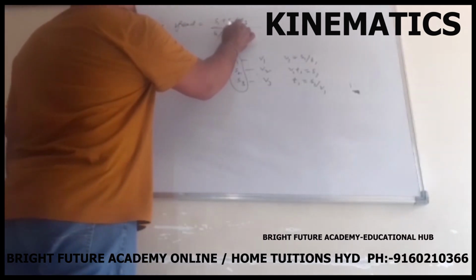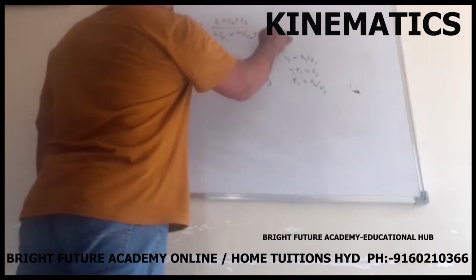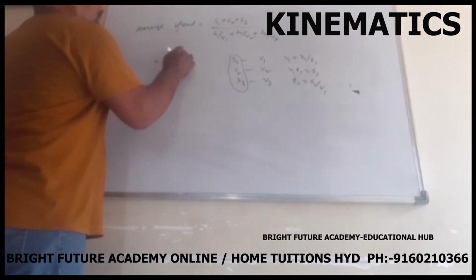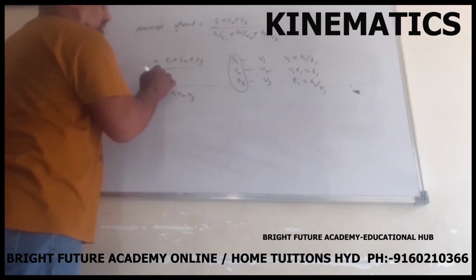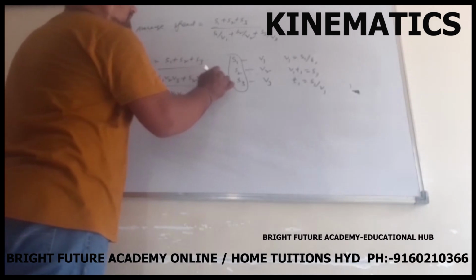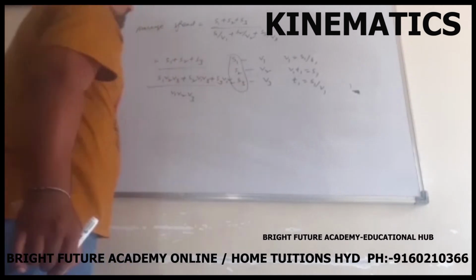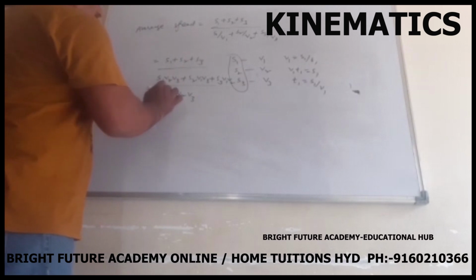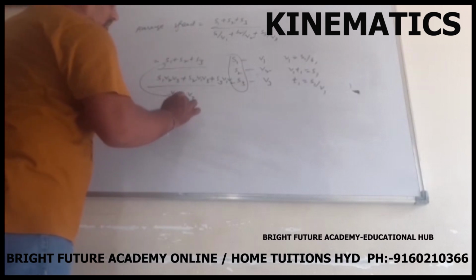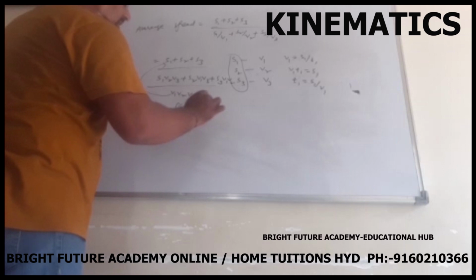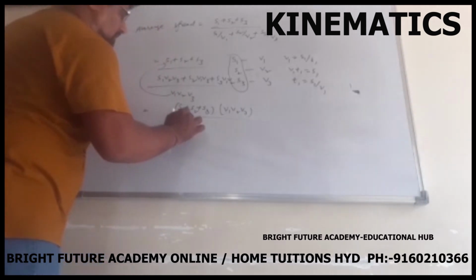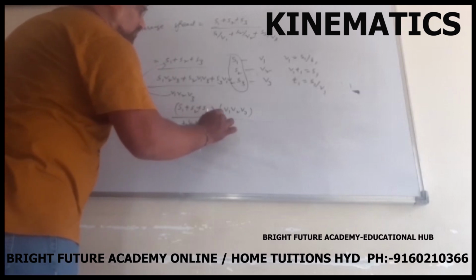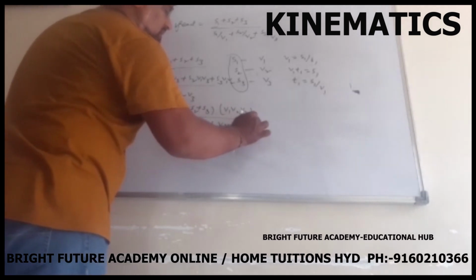Means s1 by v1 plus s2 by v2 plus s3 by v3. So it should be s1 plus s2 plus s3 by the LCM, v1 v2 v3. Here, s1 v2 v3 plus s2 v1 v3 plus s3 v1 v2. Now if we rearrange this, we obtain (s1 plus s2 plus s3) into v1 v2 v3 by (s1 v2 v3 plus s2 v1 v3 plus s3 v1 v2).